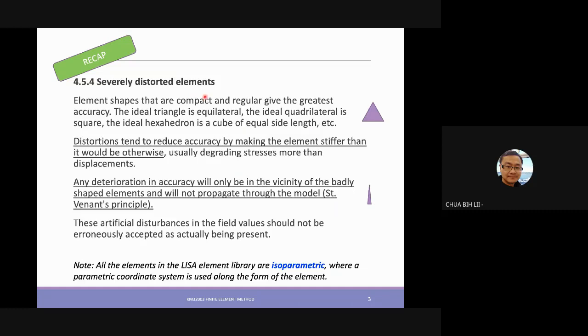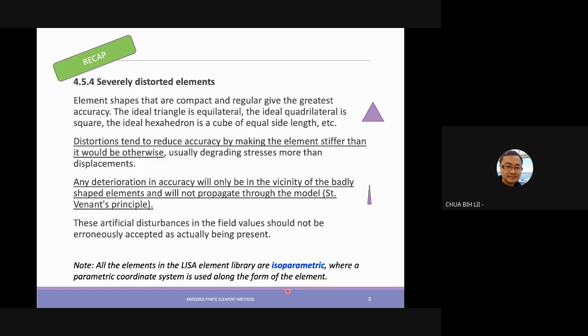We discussed some of the characteristics of the finite element software, and one of it, as I mentioned earlier, is that all the elements in the Lisa elements library are isoparametric. So this is where the term comes in. I highlighted this briefly in that session, and you will be exposed to this isoparametric formulation later on. So today we will talk about it.